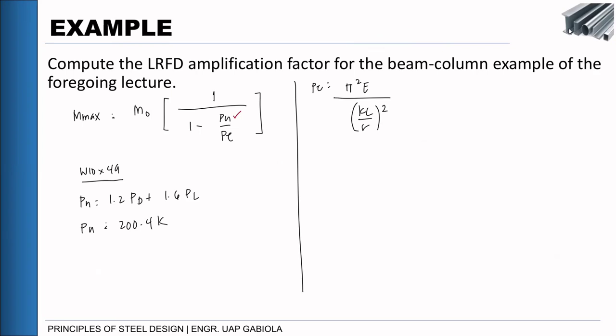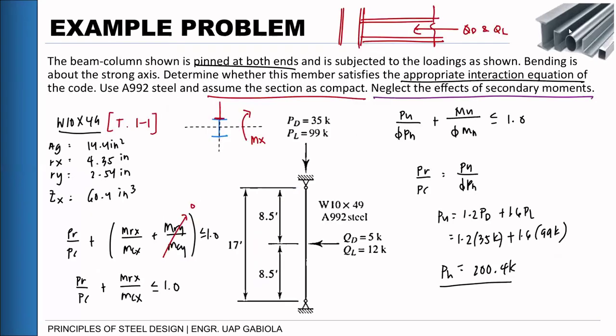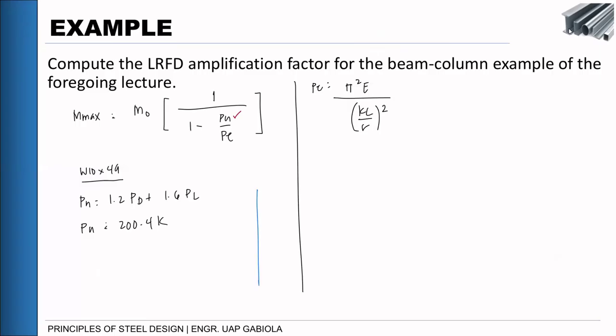Pero, since we are pertaining dun sa beam natin, and dun tayo sa moment about the strong axis niya, ito yung itsura ng column natin. So, yung section natin is ganito yung itsura. Kailangan natin is about siya dito. So, ang kailangan value natin ng r for the slenderness ratio is rx.